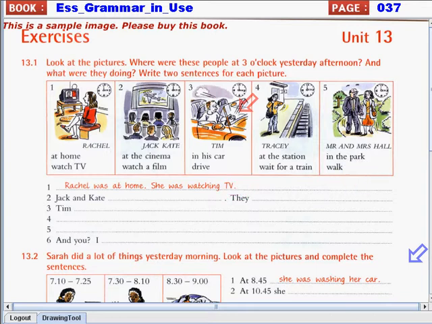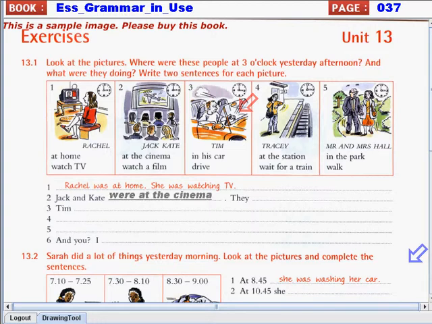Now, students, let's try to answer the other pictures. Number 2. This is about Jack and Kate. At the cinema, watch a film. So, what do you think are the sentences here for Jack and Kate? Where were these people at 3 o'clock yesterday afternoon?